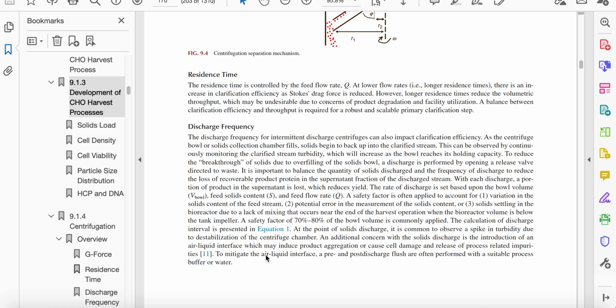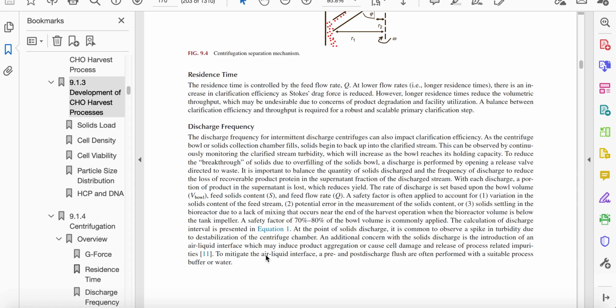Solids settle in the bioreactor due to a lack of mixing that occurs near the end of the harvest operation. When the bioreactor volume is below the tank impeller, a safety factor of 70 to 80% of the bowl volume is commonly applied. The calculation of discharge interval is presented.